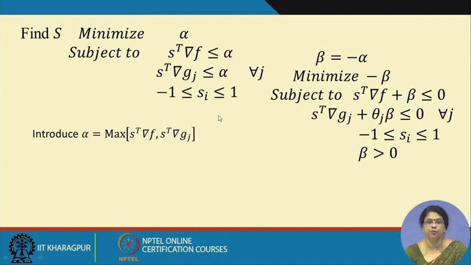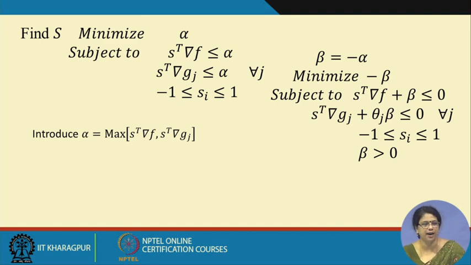That is why if we want to have a linear programming problem and apply the simplex algorithm, the basic constraint in the simplex algorithm is that all the decision variables must be non-negative. That is why we cannot have any decision variable as a negative value. We have considered alpha as the max of S^T grad f, S^T grad g. That is why alpha is negative.